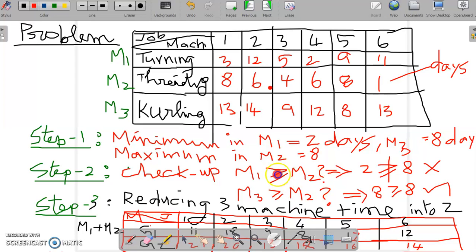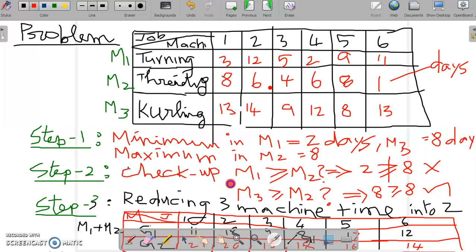These two we have to check. If both or any one of these conditions is satisfied, then we have reached our optimum stage.